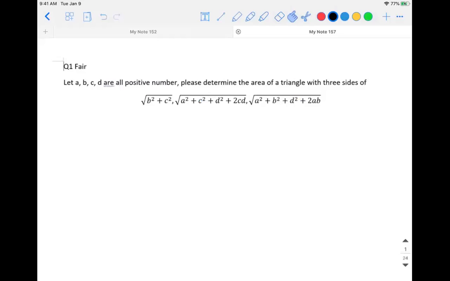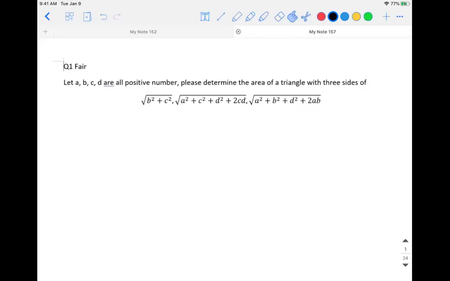Can you guys hear me? Yep. Okay, so you can observe that these 3 sides are all square roots. So you could get a hint that you might be constructing some sort of square or right triangles from this. From the sides of the triangle, you can construct a right triangle. For example, the square root of b squared plus c squared is the hypotenuse of the right triangle with sides b and c.